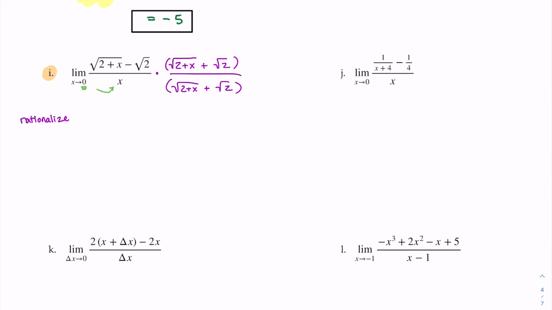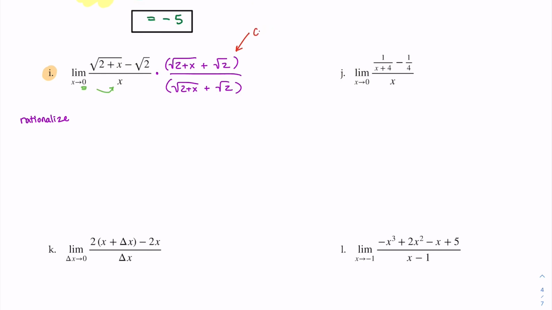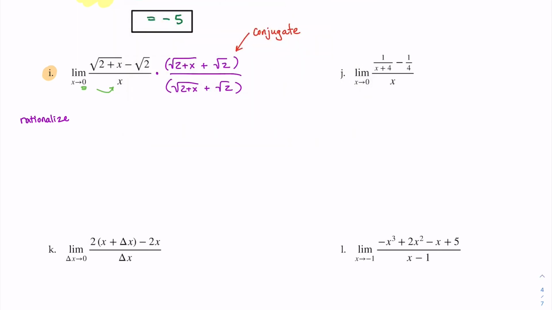And what happens, and bonus points if you remember that this is called the conjugate, that conjugate is going to basically force a difference of squares in the numerator. And so that basically means we're going to get the first term squared minus the second term squared. But because they both have radicals, we're actually going to end up with this. Check this out.